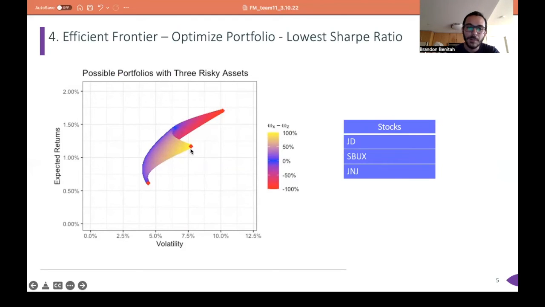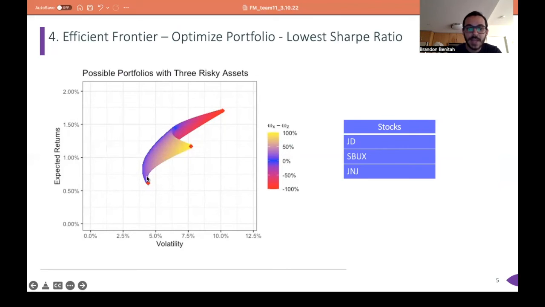But if we add an additional stock, SBUX, it changes from 10% and around 1.75 expected return to 7.5% volatility, and a little bit lower return that is around 1.3 something. But if we add another stock, GNG, the volatility decreases from 7.5% to a little bit lower than 5%, but with a lot less return.